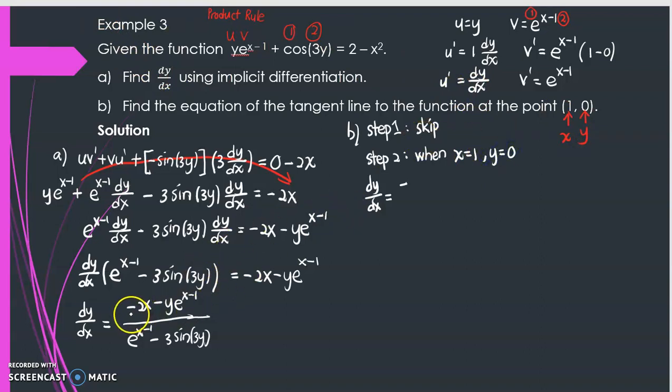So my dy/dx will become negative 2 times x, x is 1, minus y times e to the power of x minus 1, where y is 0, so 0 times e to the power of 1 minus 1, over e to the power of 1 minus 1 minus 3 sin 3 times y, and y again is 0.